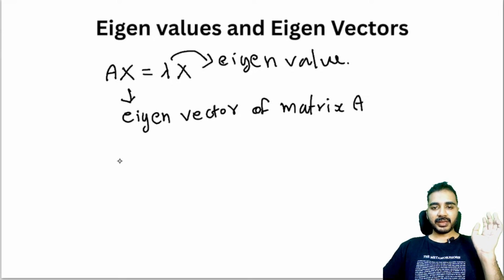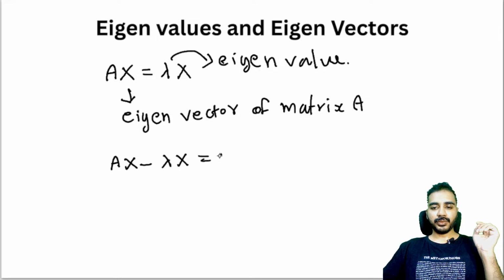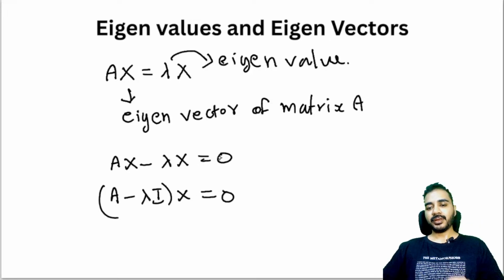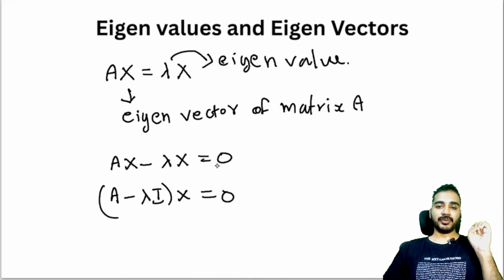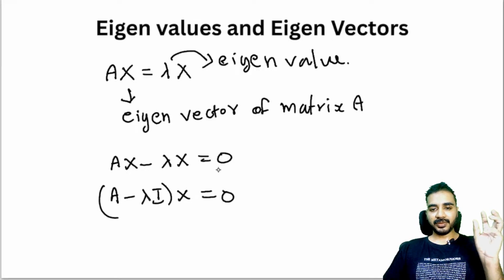Ax equal to lambda x can be written as Ax minus lambda x equal to 0. Also, when we take x as common, we can write (A minus lambda I) into x equal to 0. If you know what a homogeneous system of equations is, in the previous session we discussed the homogeneous system of linear equations while studying the solution of a system of linear equations.